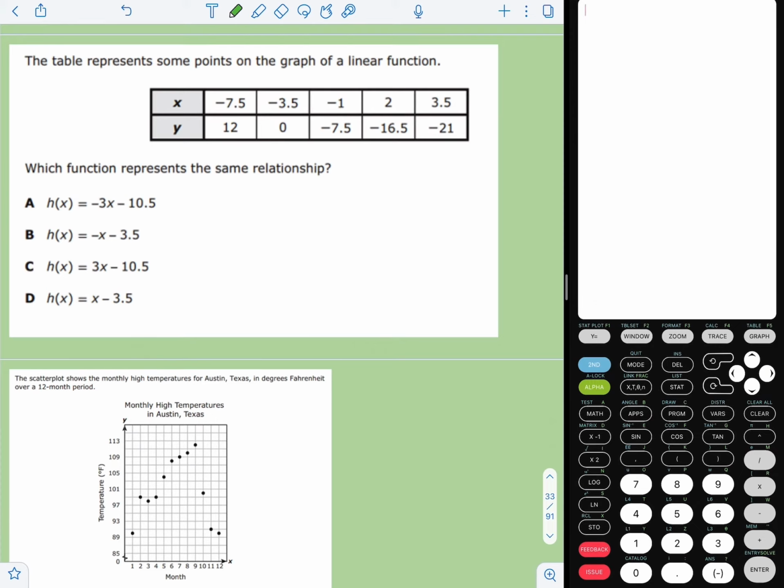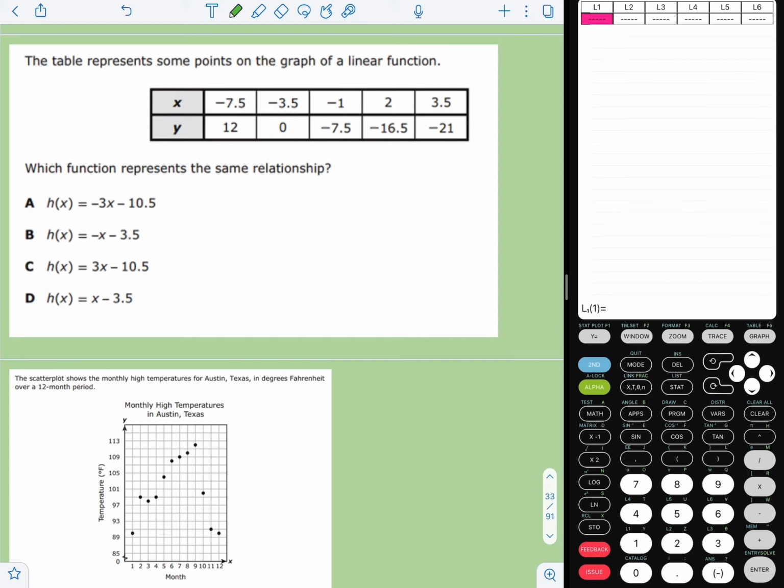However, this is the calculator app and not a TI-84 or 83, so I'm going to have to do something a little different. We're going to come here and press delete, and delete works here. A lot better than I thought it would. All right, so we're done with that.